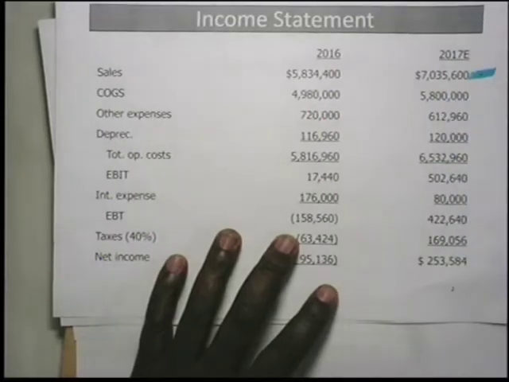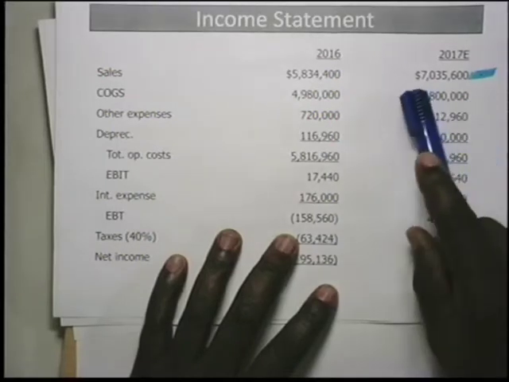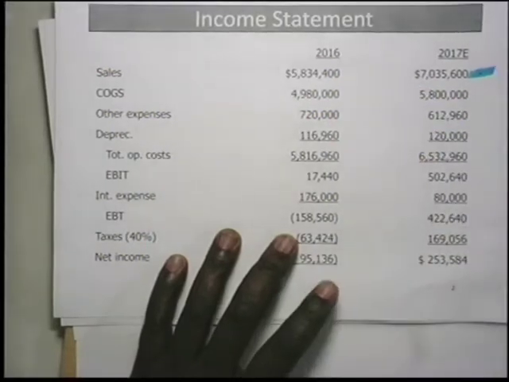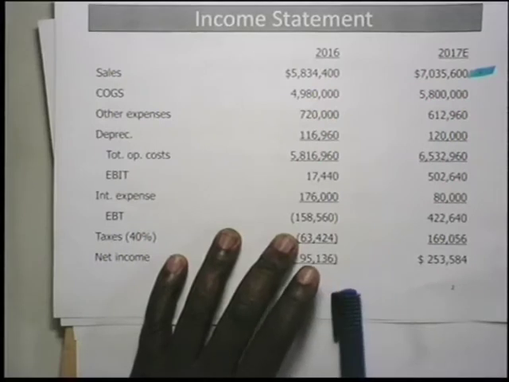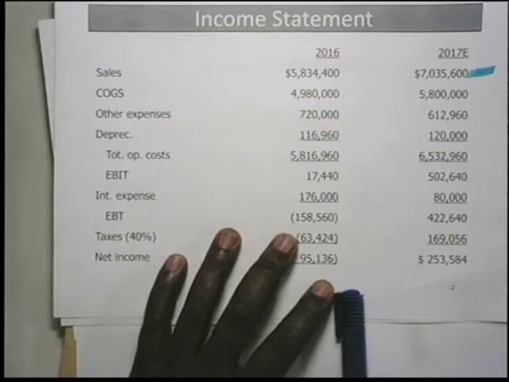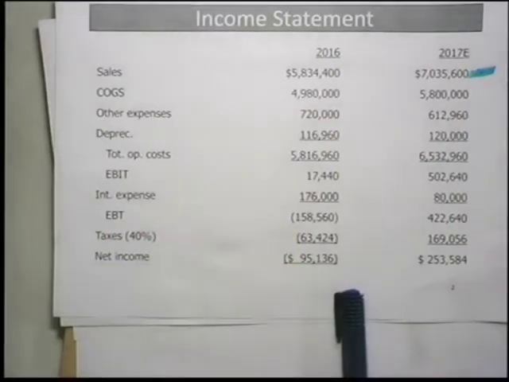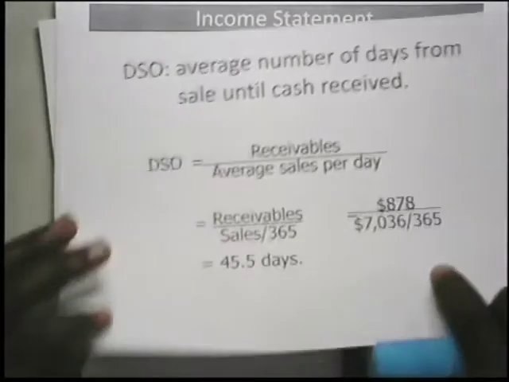Remember, we rounded it up to the nearest thousand, and we ended up with 7,040,000. Okay, receivables divided by what? Average sales. Sales, we are going to divide that one by 365. That's what you can see on that slide.